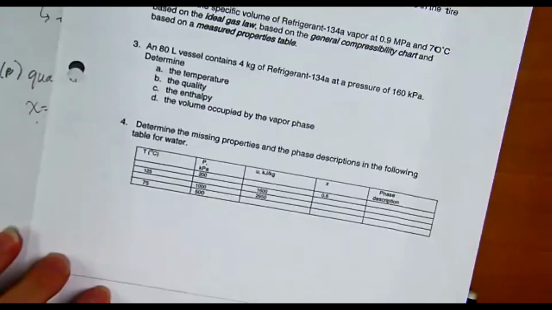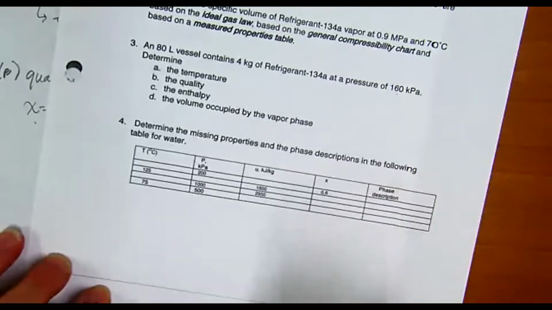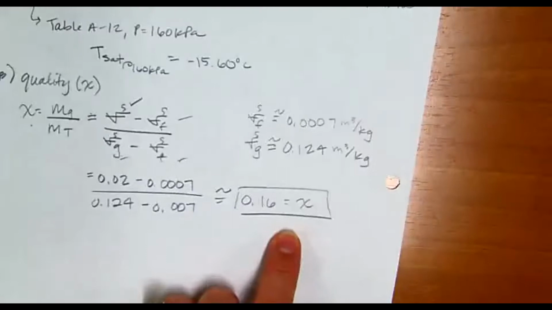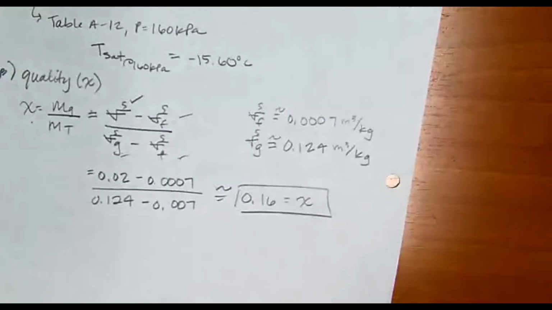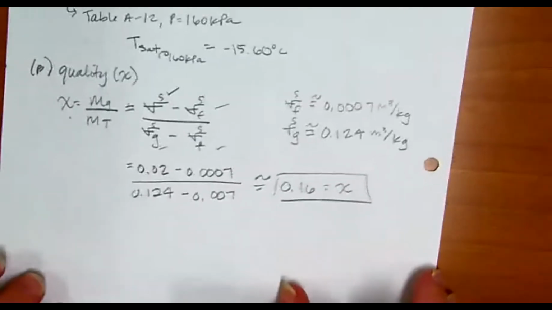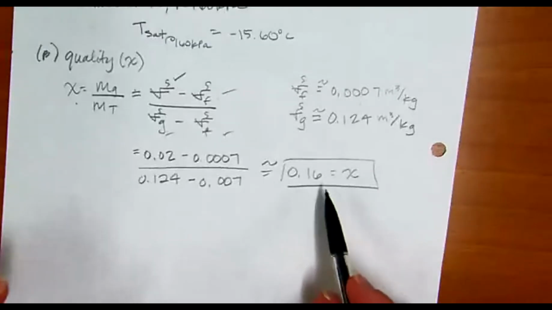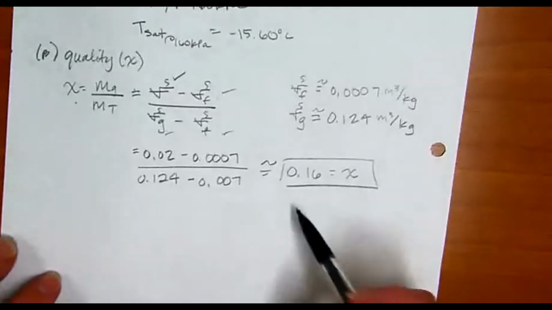In our problem statement, we're told that it's at 160 kilopascal, which is equal to 0.16 megapascal. It's just a coincidence that it's also the same as our quality. Okay. So now we have quality. So that's part B, which means that roughly 16% of our system is going to be this vapor.